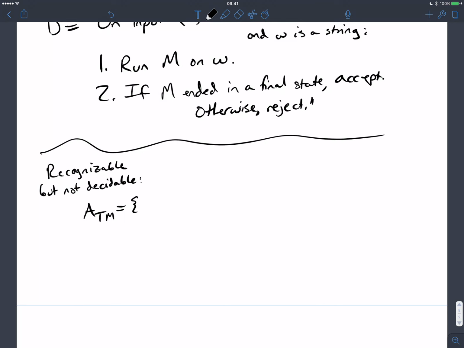The only difference between ADFA and ATM is that M is a Turing machine. This is at the end of chapter 4. If you want to skip ahead, you can see the proof of why that's not decidable.